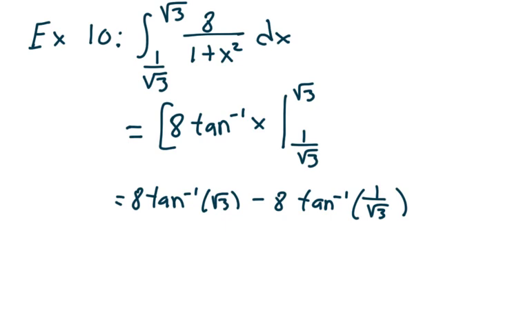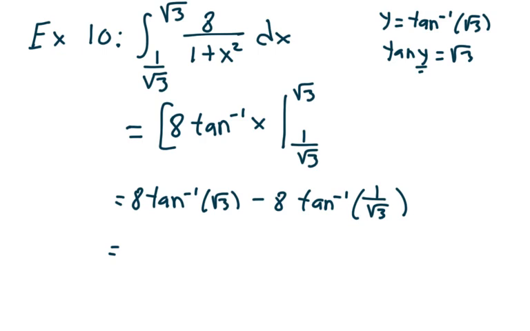Okay, now if y equals arctangent of root 3, then tangent of y is root 3. So in other words, I want to know what that y is. And remember, you have to be between negative pi over 2 and pi over 2.